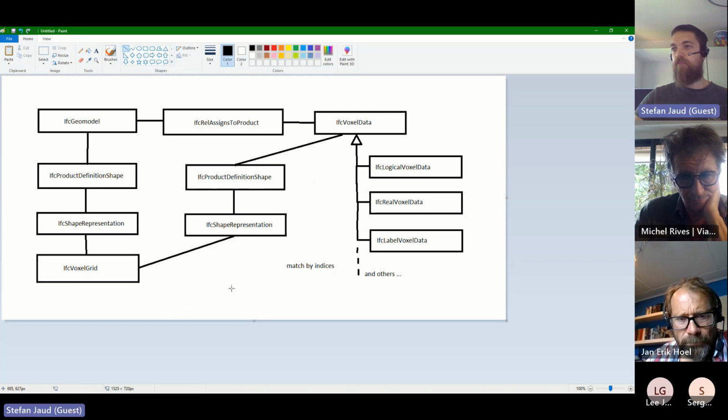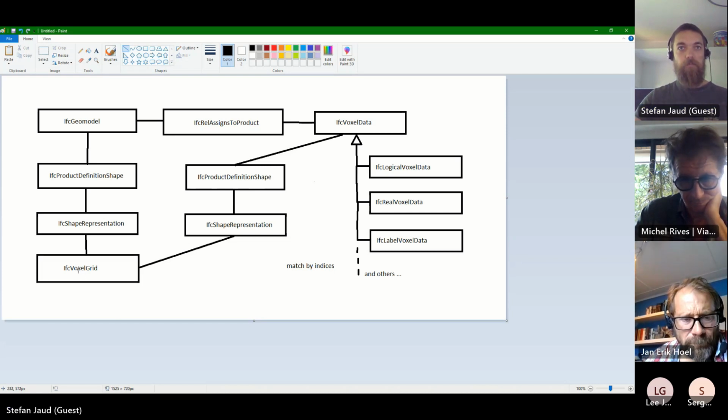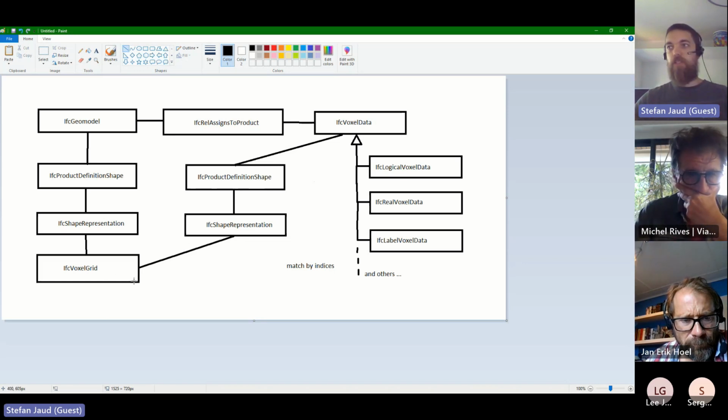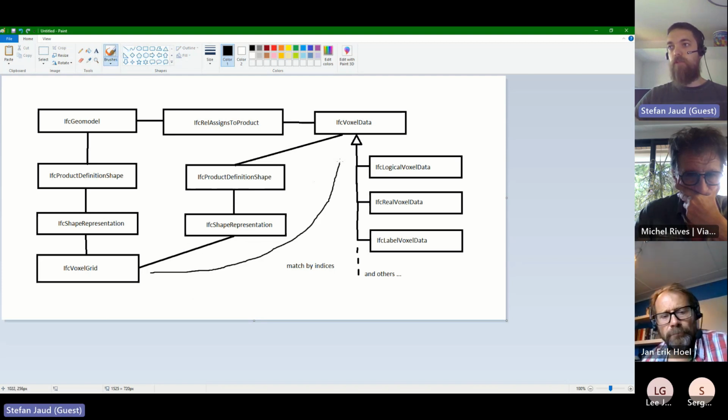Might be, but this is what we've just now also said. So voxel data itself is also a product, so it can also have a representation, and this one should point to the same voxel grid, so that you can navigate when reading voxel data. You can immediately know which voxel grid it assigns to, but still, this matching by indices is true.